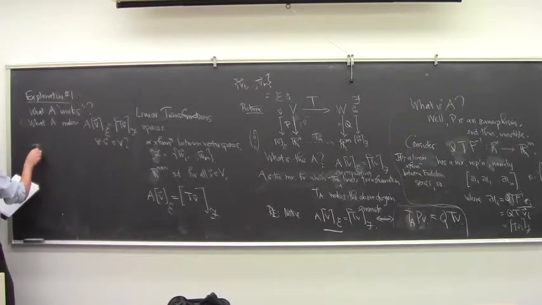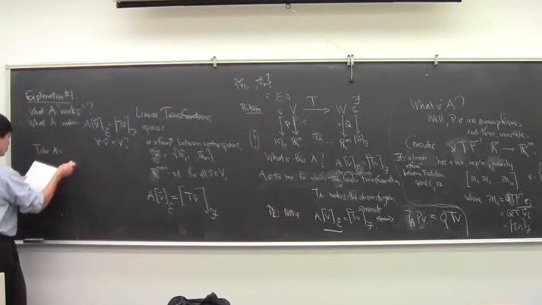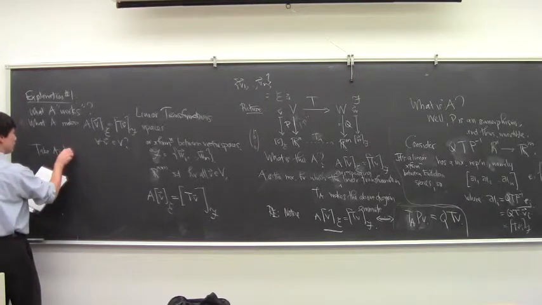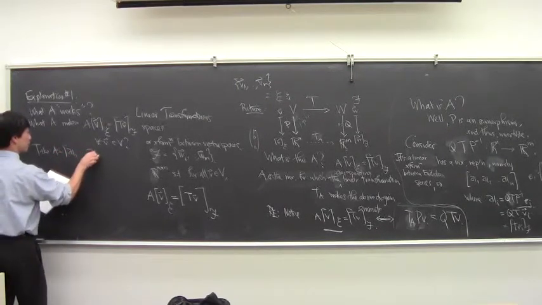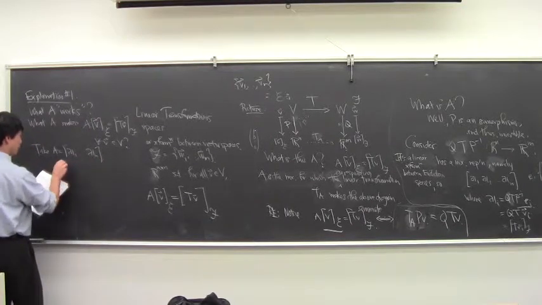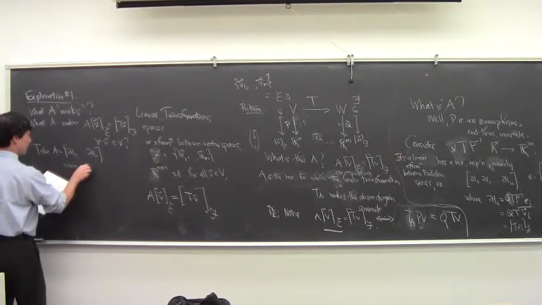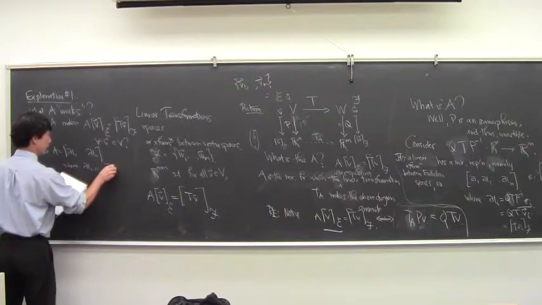We're going to say, take A to be some matrix with columns A1 through An, where A_i is [T(V_i)]_F.